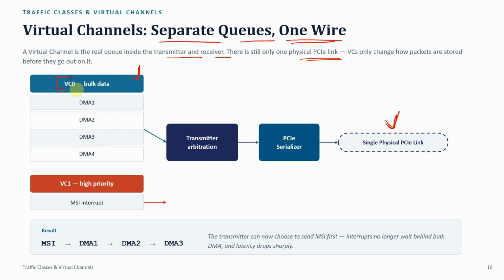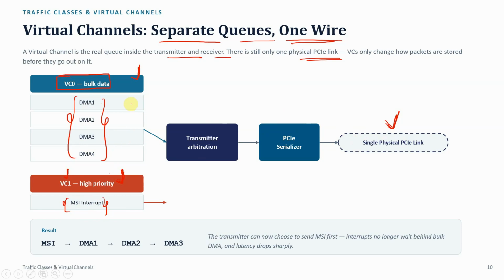Let's say suppose VC0. This channel is going to hold all the different kinds of packets, and this particular channel is given the high priority. So whatever packets are included in this particular channel will be sent first using the transmitter arbitration, and it will be sent on the physical link, and after this the other channel packets will be sent accordingly.